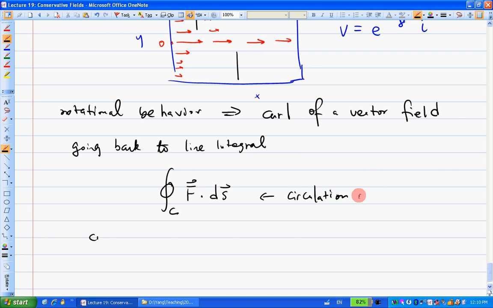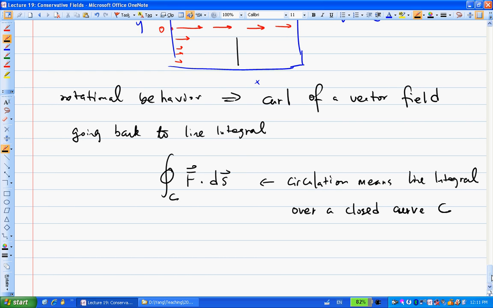Circulation basically means it's a line integral over a closed curve C. That's a circulation. So you're talking about how much of this vector field will circulate around a closed curve C. As we just learned today, if f is a conservative field, then it's going to be 0, right?